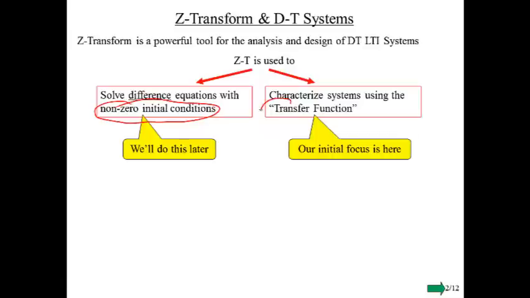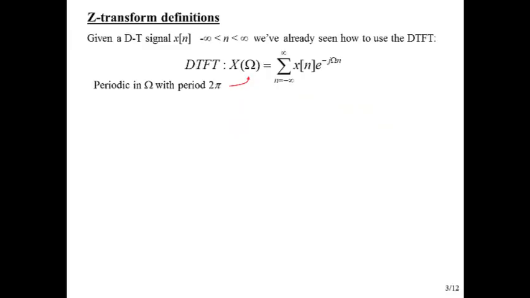And this idea of transfer function will be a generalization of frequency response that will allow us to see a lot more about the behavior of the system and will lead to ideas that will help us understand the designs and analysis of very general discrete time, linear time invariant systems.